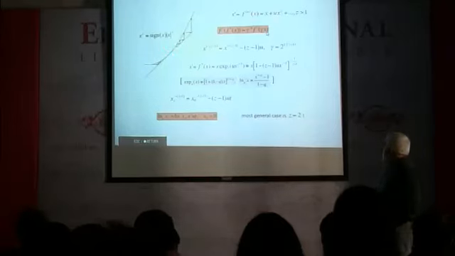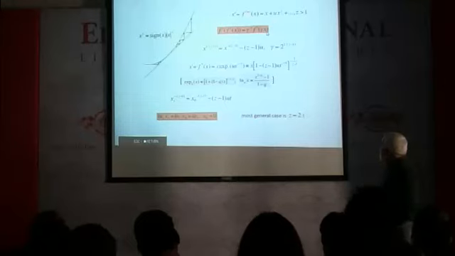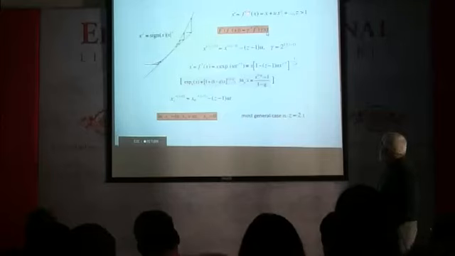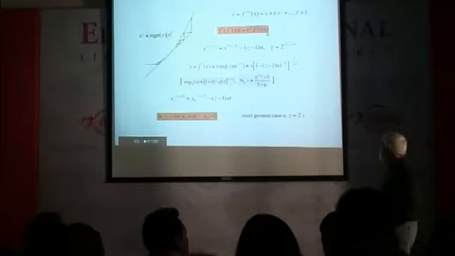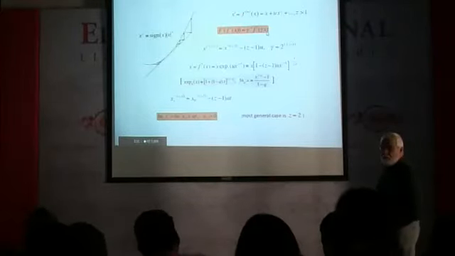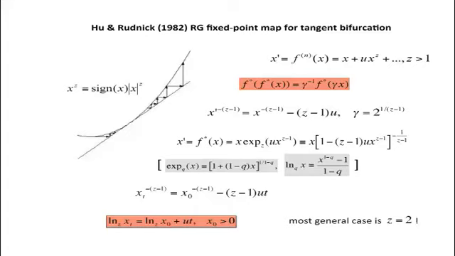We're writing an expansion around the point of tangency. In the case of the period 3 window that I was pointing out, this little n would be 3. And we're looking for a map that satisfies this equation. The transformation is just functional composition, iteration of the variable.